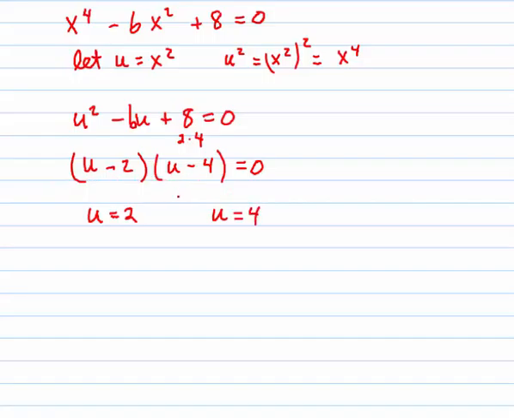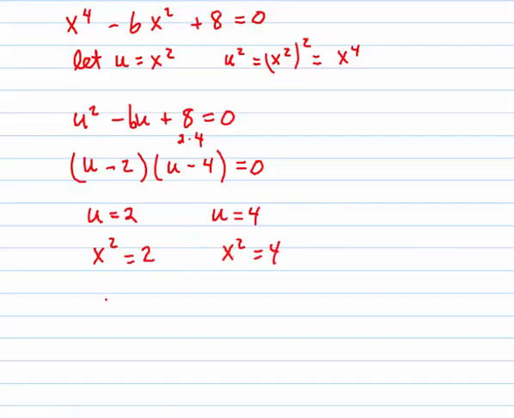If a times b is equal to 0, then a is equal to 0 or b is equal to 0. So u minus 2 is equal to 0, or u minus 4 is equal to 0. But u is equal to x squared, so we have x squared is equal to 2, or x squared is equal to 4.